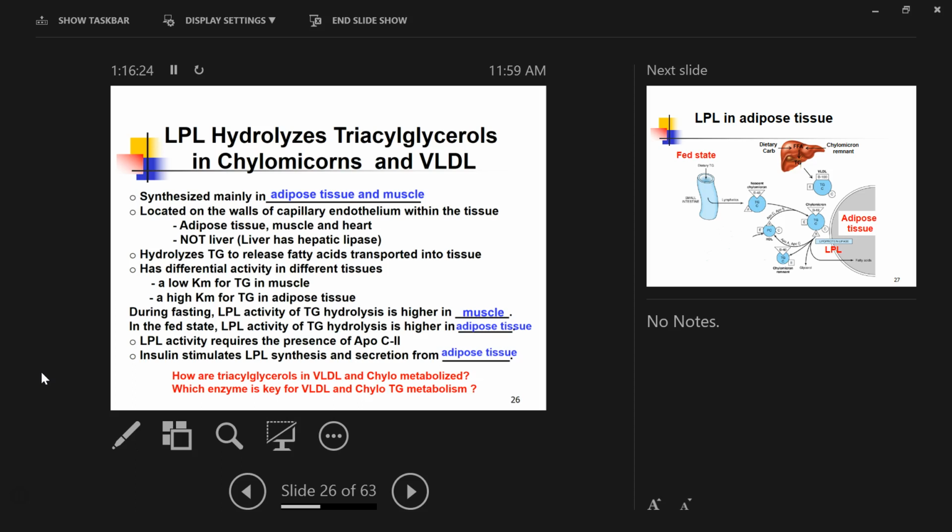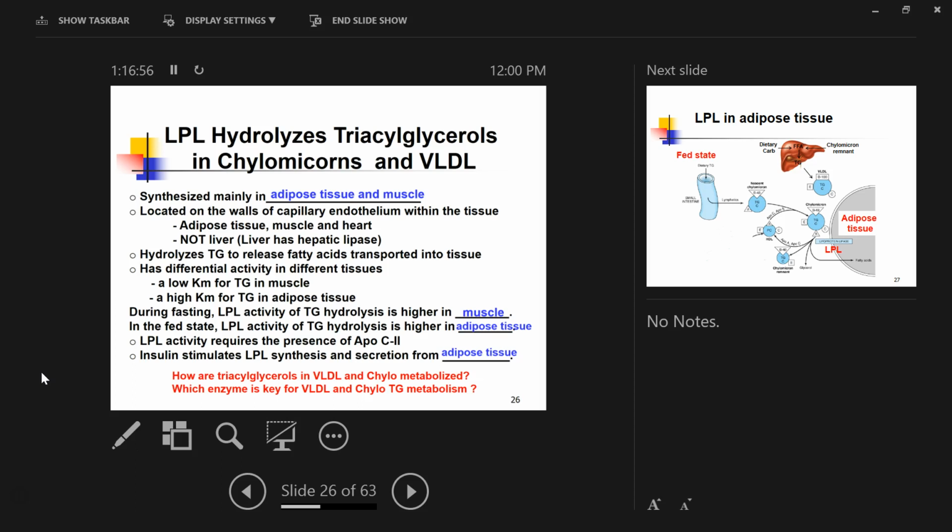You know the process, if you still remember. Transported from either the intestine or liver to adipose tissue or to muscle, and what will happen? Right, and the next step. How does adipose tissue take up fatty acids?